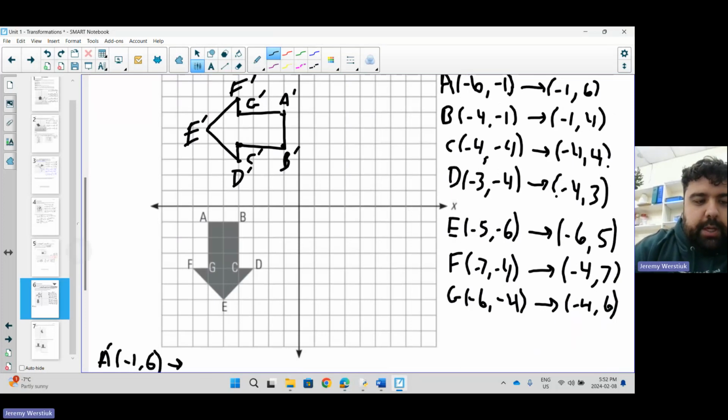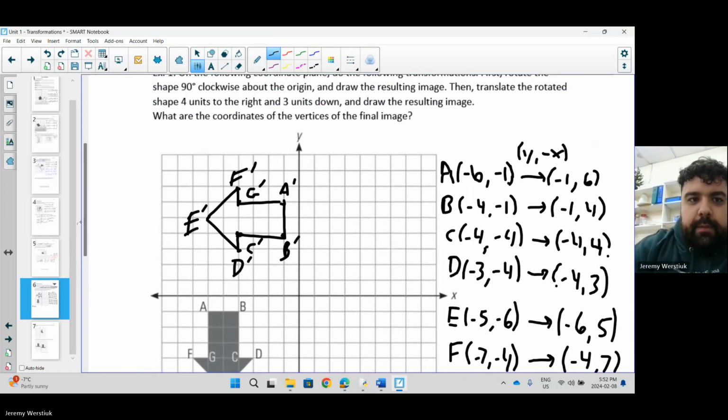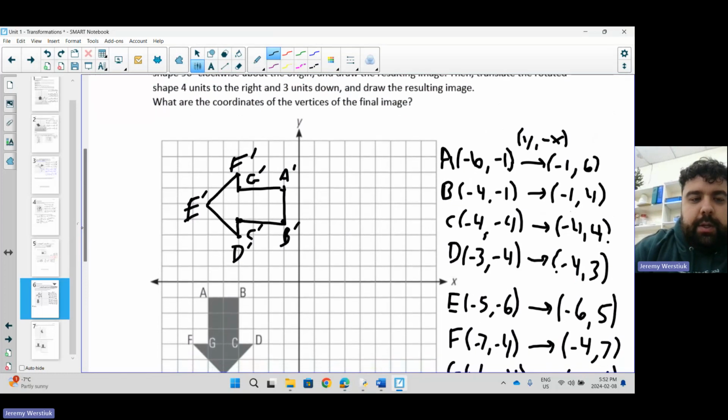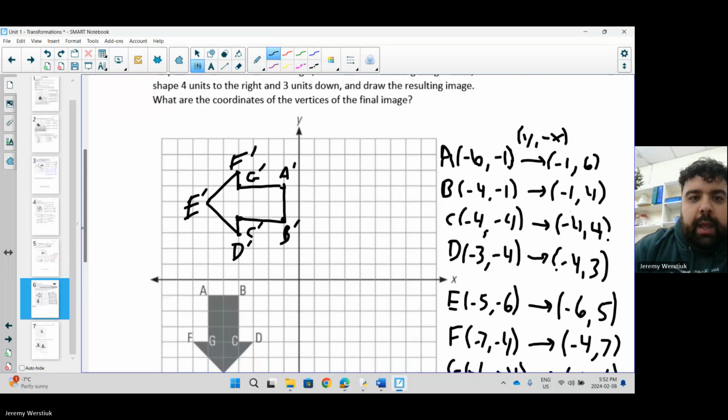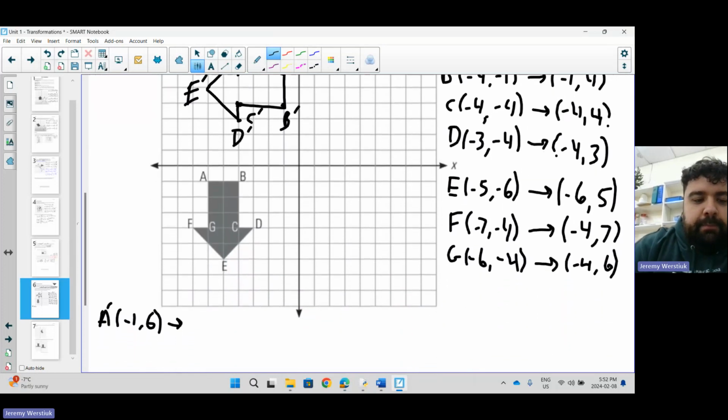When I apply my transformation of 4 right and 3 down, 4 right means my x coordinate gets 4 bigger, and the y coordinate is 3 units down, so 3 units smaller. So -1 plus 4 gives me positive 3, and 6 minus 3 gives me 3. That's going to be A double prime.